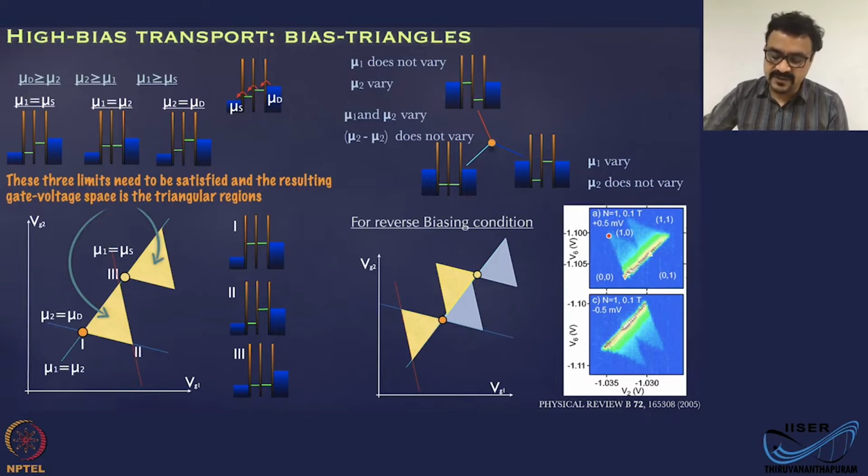For example, if you move along this arm of the hexagon, you are varying only the dot 2 energy level, whereas dot 1 is in resonance with the source. Similarly, if you are moving along this slope, the blue line here, your dot 2 is in resonance with the drain and you are varying only the source level. But if you are moving along this teal, light blue line, then these 2 levels are in resonance. They always move together.